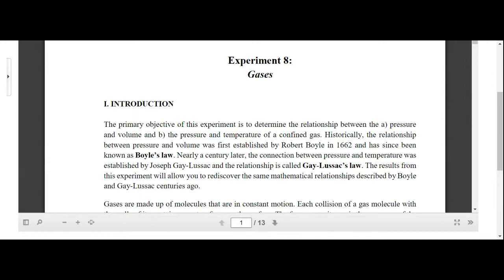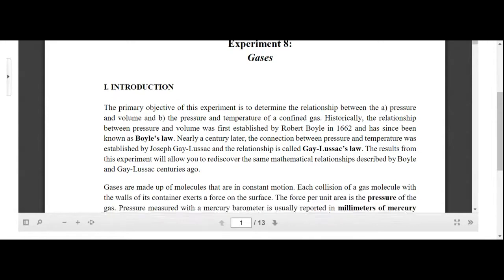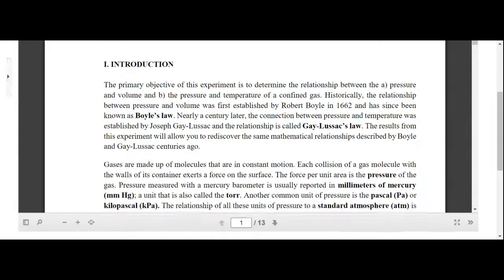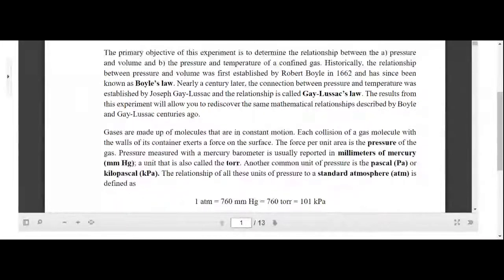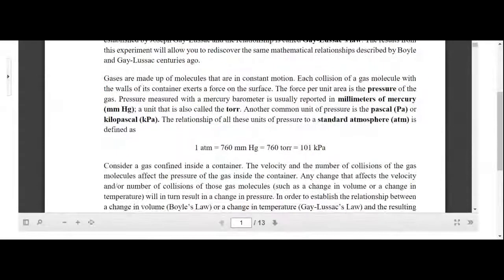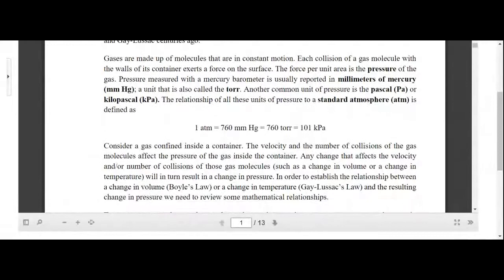So we have Boyle's law, we have Charles' law, and then we have Gay-Lussac's law. So we have three that come by the names, and we have the combined gas law and the ideal gas law.